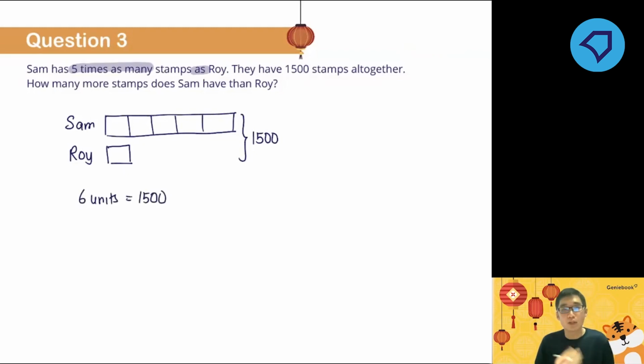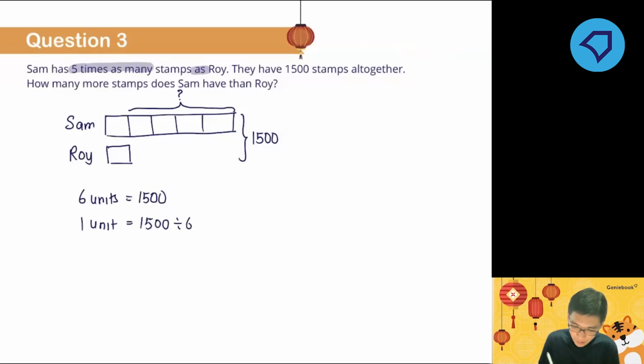Okay, now the question here is how many more stamps does Sam have than Roy? So if you compare the two models, Sam has 4 more units of stamps than Roy, and this is what we want to solve. Okay, so I see a lot of you already tell me that yes, I need to find 1 unit. Right, a lot of you have already found 1 unit for me. So this is just 1,500 divided by 6.